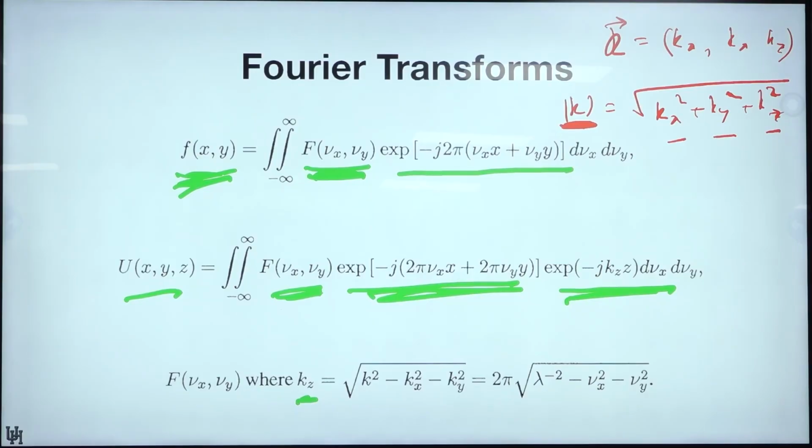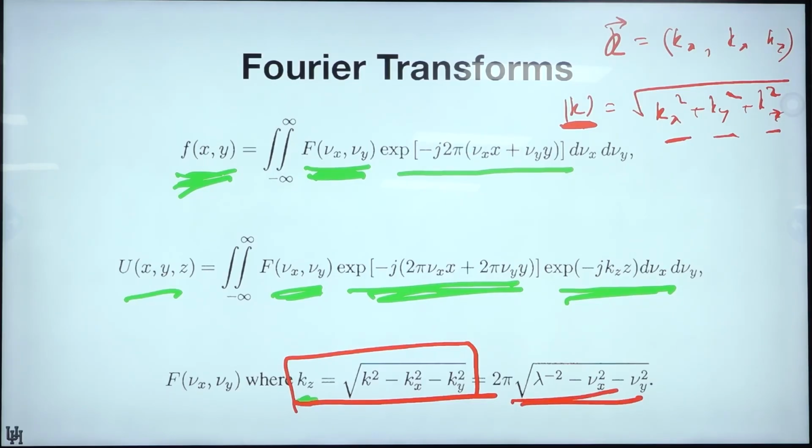If you know k and if you know kx and ky, kz is completely determined. So kz is the square root of k squared minus kx squared minus ky squared, or in terms of nu x and nu y, it's this relationship. So there are three independent numbers, but there are four variable names: k, kx, ky, kz. So kz is typically defined in terms of kx and ky. You think of kx and ky as the independent variables, and kz is the direction vector along z.